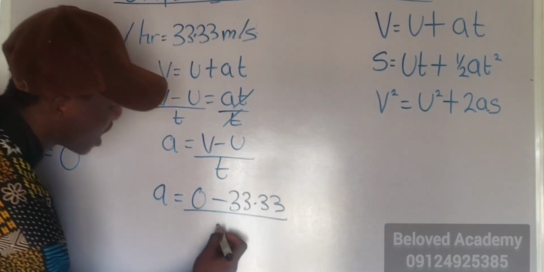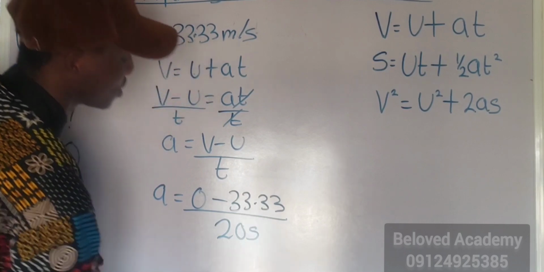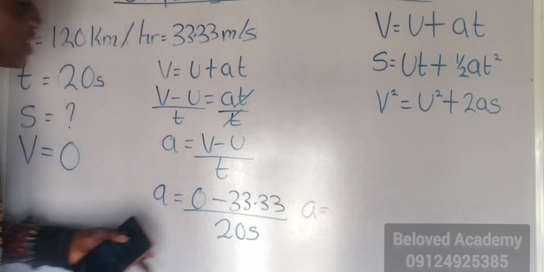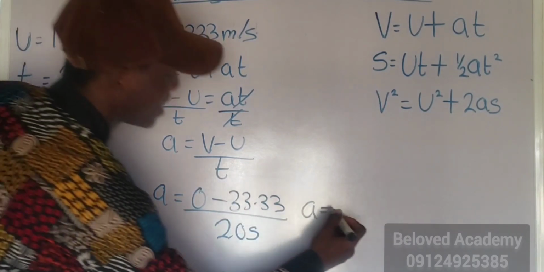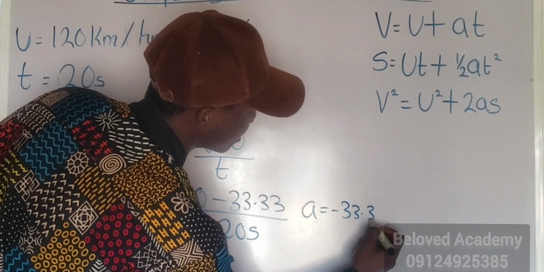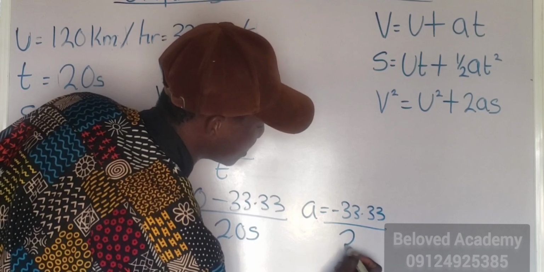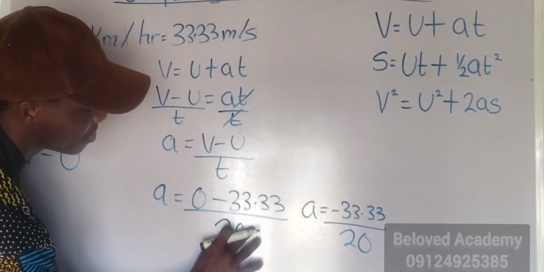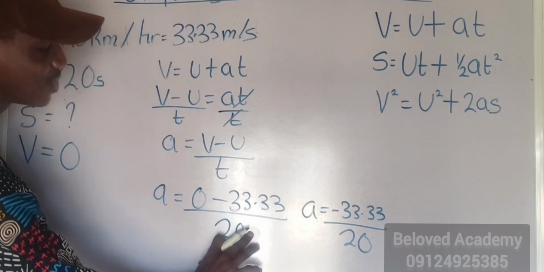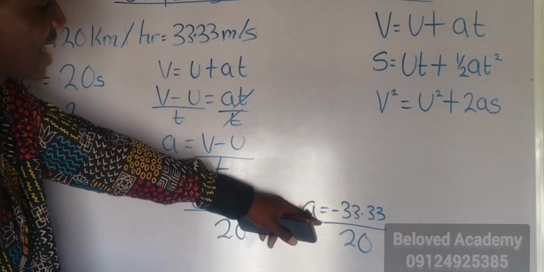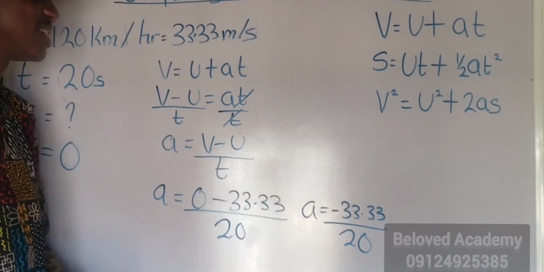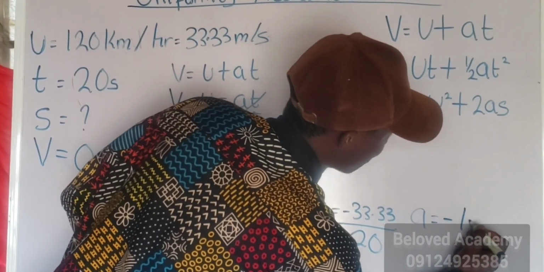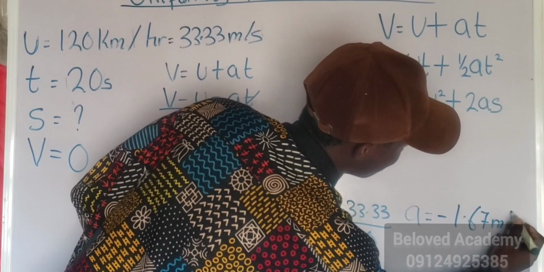So I'm going to have all over 20 seconds. Let me remove the seconds now so you won't get confused. A is equal to negative 33.33 divided by 20. That will give us A is equal to minus 1.67 meters per second squared.